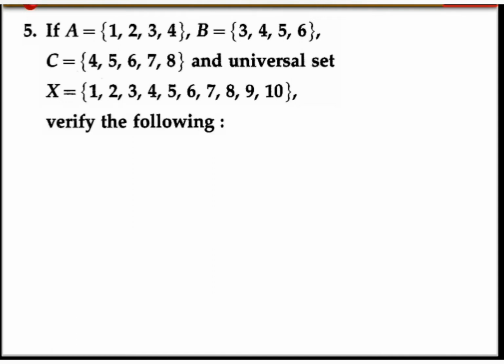Verify the following. Number 1. A ∪ (B ∩ C) is equal to (A ∪ B) ∩ (A ∪ C).